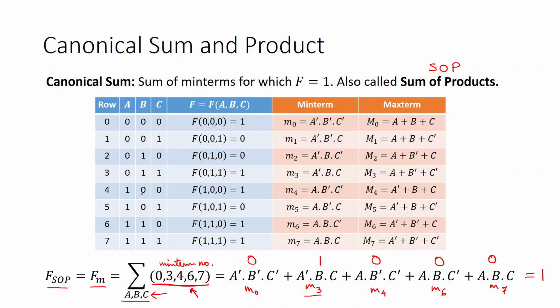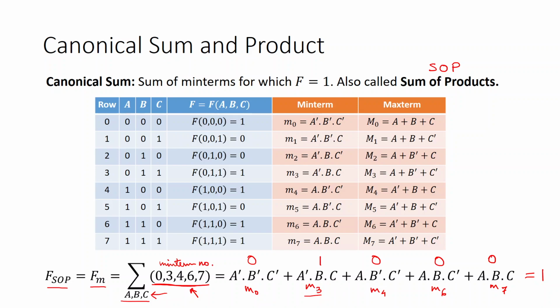Similarly, you can check for all the different sequences that one of these terms will become 1 only when one of these input sequences appears at the input. Otherwise it will remain 0. Suppose for 5, that means 101, evaluate this expression for 101.